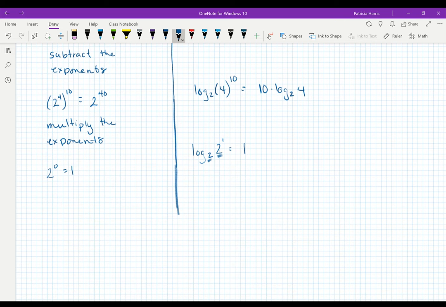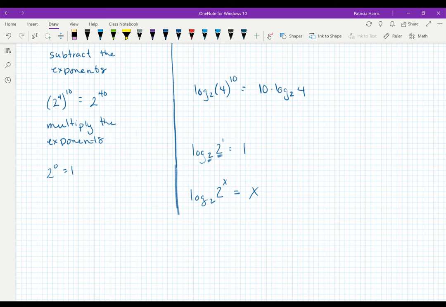Okay? All right. If I have this, I get that. Okay? All right, so that's a very, very, very basic rundown of your properties of logs.